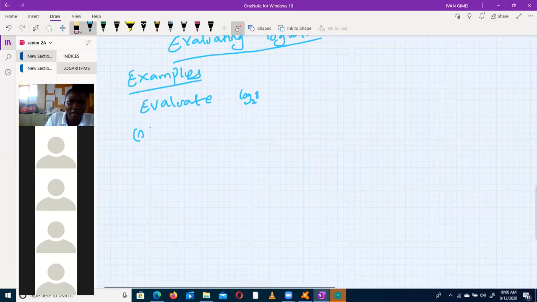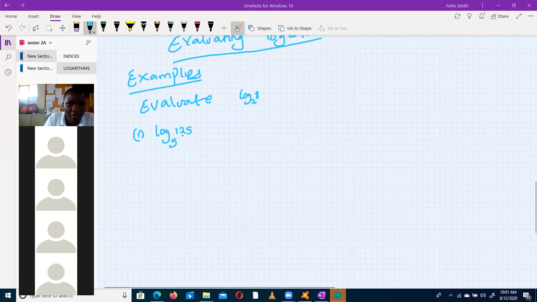Let's say evaluate log of 125 to base 5. What would the log there be?